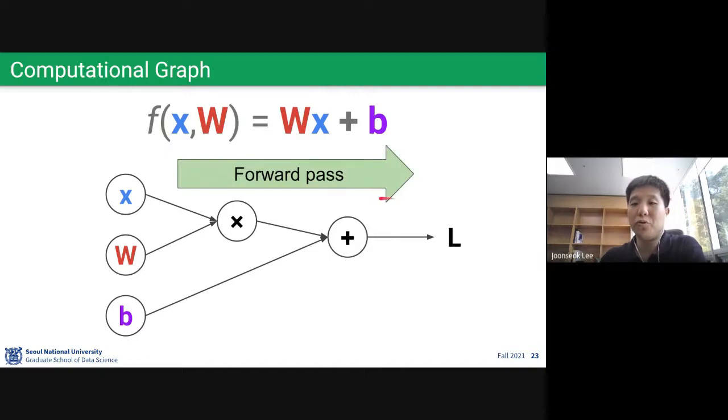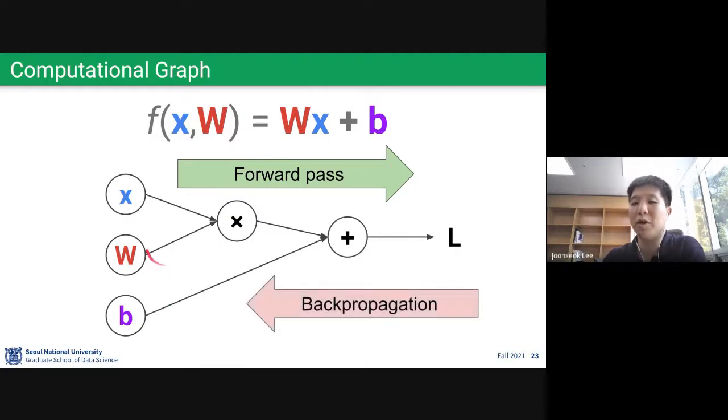We first do the forward pass to evaluate our prediction using the current values of these variables. Then we compute the loss, and that loss is backpropagated to all of these previous nodes according to how much each was in charge of that error.